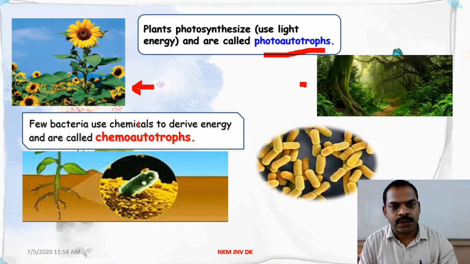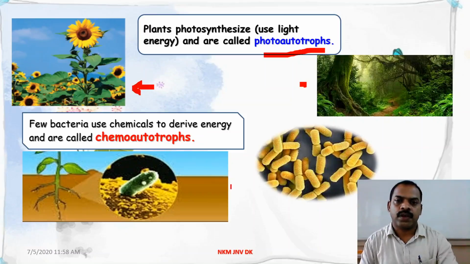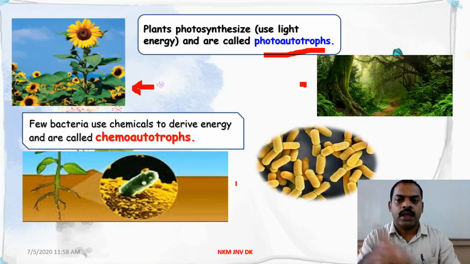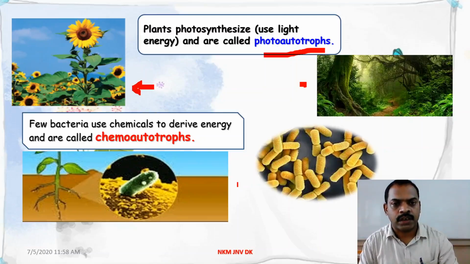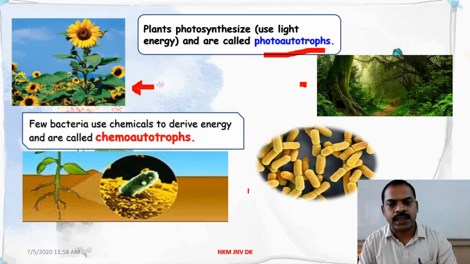They are using energy from chemical reactions. So they are called chemoautotrophs. The sulfur bacteria of the thermal vent are also chemoautotrophs. The nitrogen fixing bacteria are chemoautotrophs. The lactic acid bacteria are chemoautotrophs.